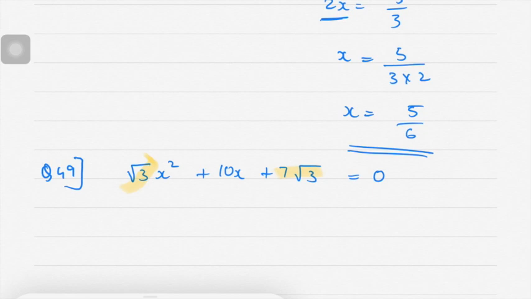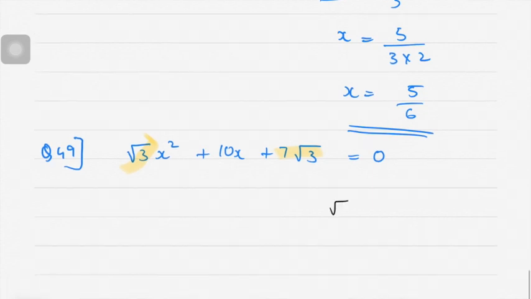Now what you will do? Multiply root 3 and 7 root 3. When you multiply, what will happen? Root 3 into 7 root 3. Root 3 into root 3 is 3, correct? That is 7 into 3.